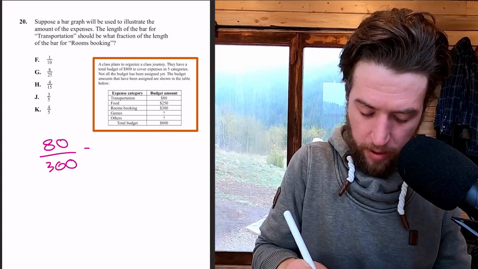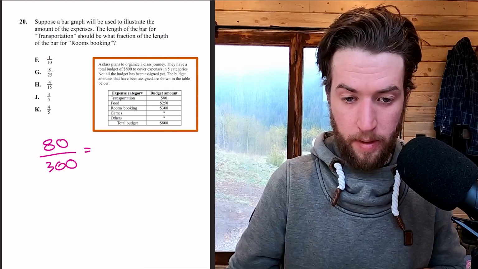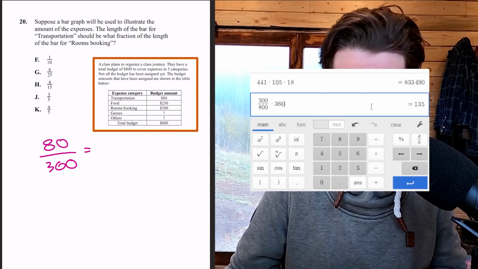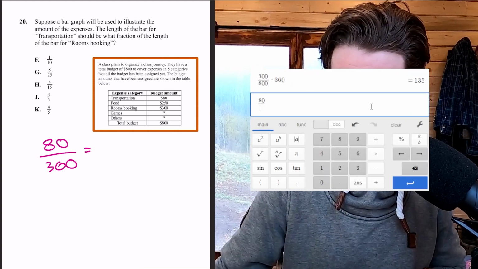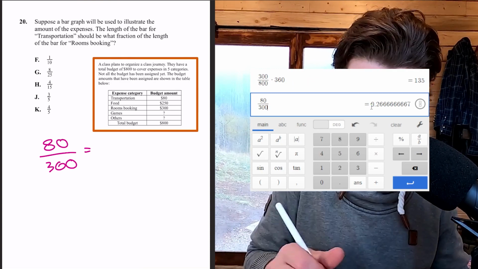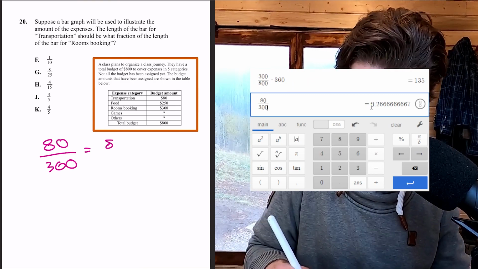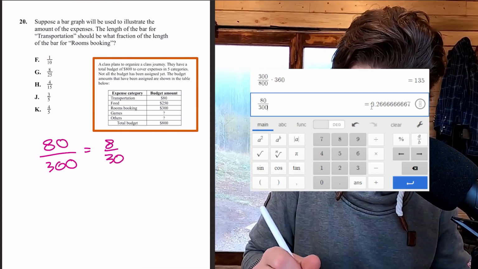Is this all they're asking for? 80 over 300? I'm wondering if it's relative to the total amount. 80 over 300, or I guess 8 over 30. But that's not even an answer.